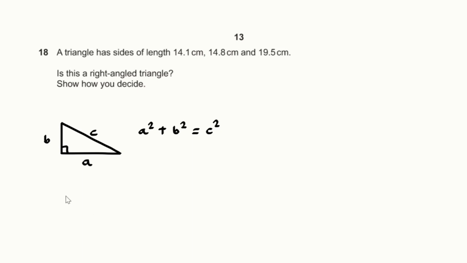Now if I take my triangle, we do not know if this is a right angle triangle or not, so I will not include the 90-degree symbol.